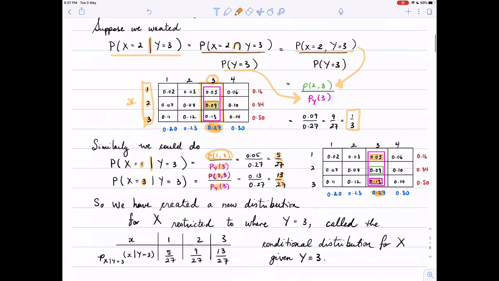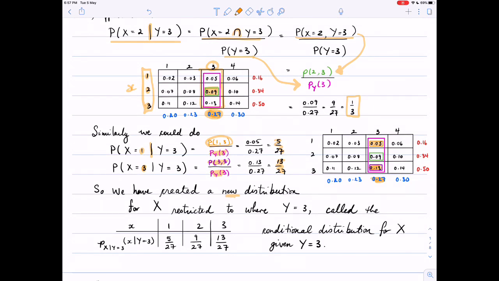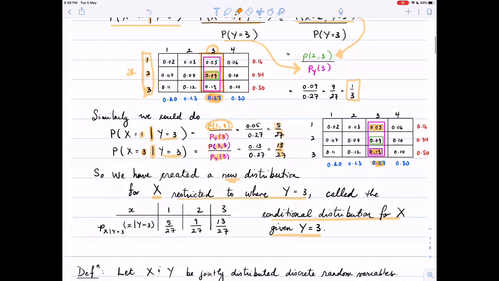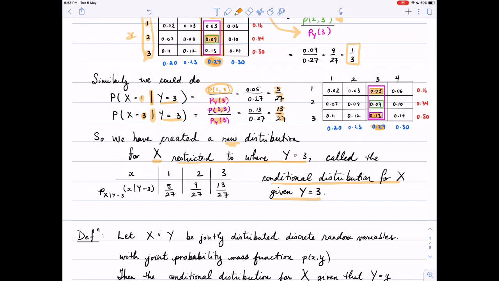In other words, we have just created a new distribution for those x values, but they have been restricted. They've been restricted to where y equals 3. And so that distribution is called the conditional distribution for x given y equals 3, because all of our calculations were given y equals 3.